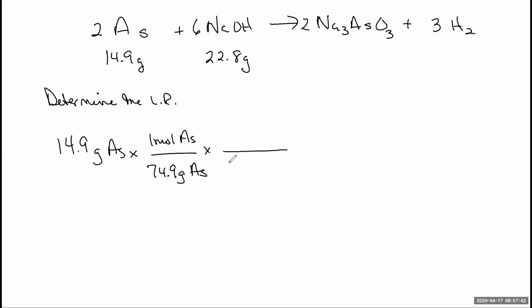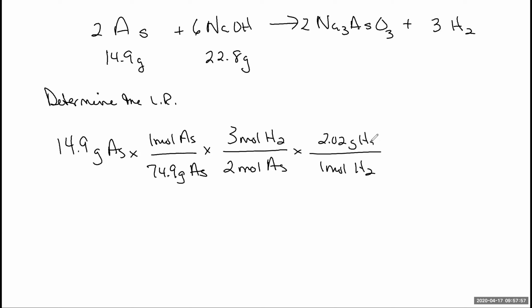So in this equation, it takes 2 moles of arsenic to get to 3 moles of hydrogen. And then my last step would have been, if I continued this on, 1 mole of hydrogen, 2.02 grams of hydrogen. If I calculate that all the way through, 0.603 grams of hydrogen.